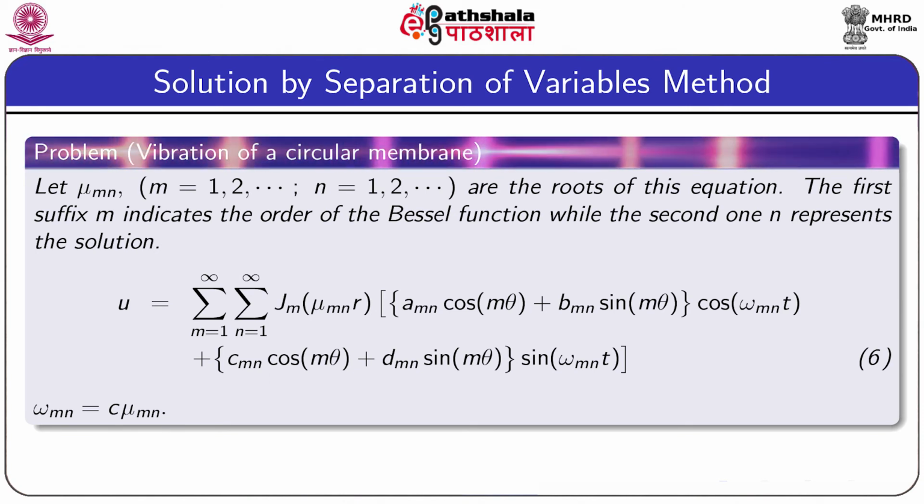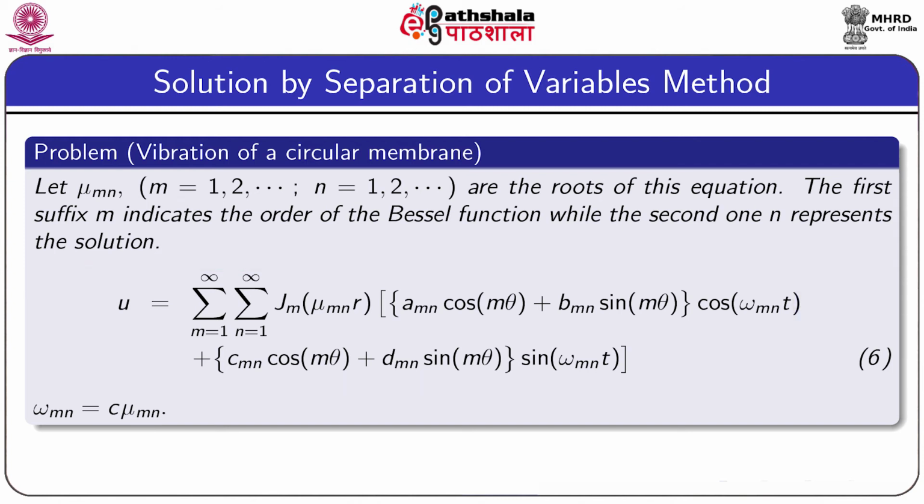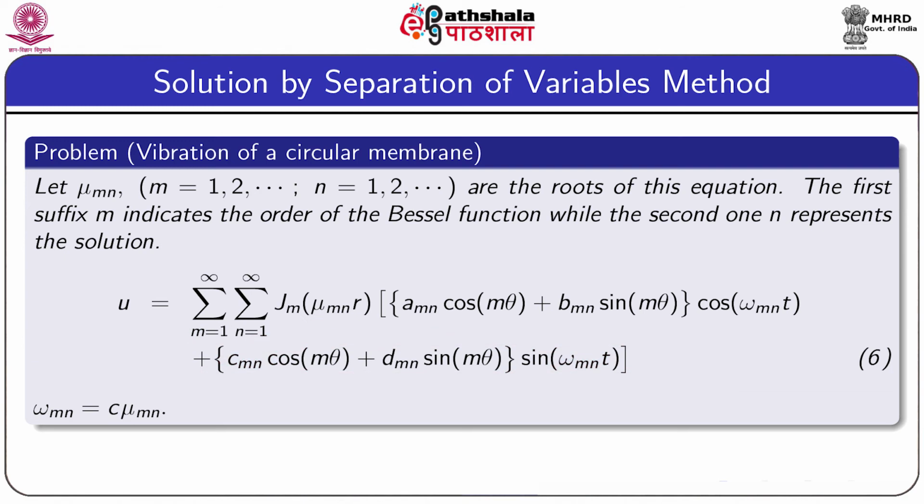Therefore, the solution can be written in the form u equal to sum over m, sum over n, J m mu mn r into a mn cos m theta plus b mn sin m theta into cos omega mn t plus c mn cos m theta plus d mn sin m theta into sin omega mn t, where omega mn equals c into mu mn.